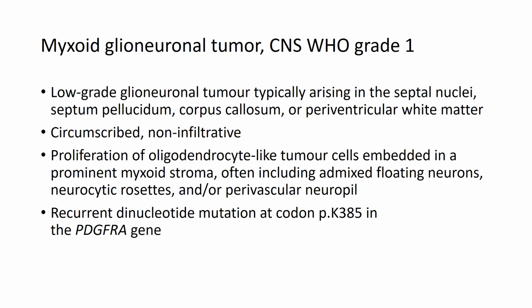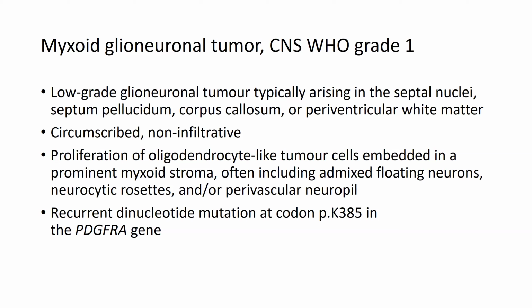These are tumors that actually appear very much like a DNET, but they arise around the septal nuclei, the septum pellucidum, corpus callosum, or periventricular white matter. So unlike DNET that are more cortically based, these are right along the ventricular system and often along the septum pellucidum. These are circumscribed, non-infiltrative, and again, have that myxoid stroma with a proliferation of very bland oligodendrocyte-like tumor cells.